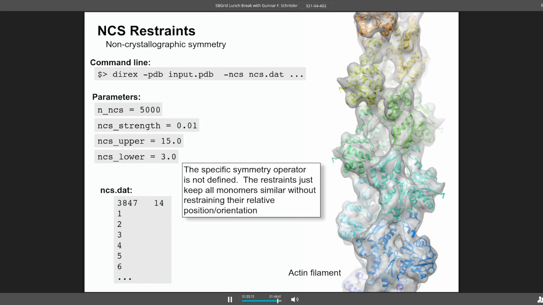It's basically a similarity restraint. So what we do is we keep the domains similar, but they can be anywhere in space, so that the relative positions and orientations are not controlled here.